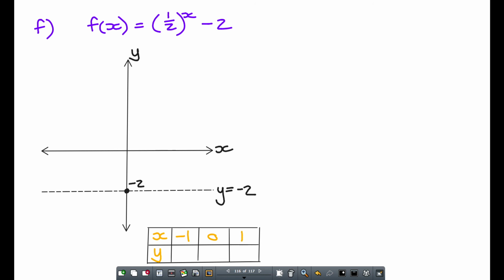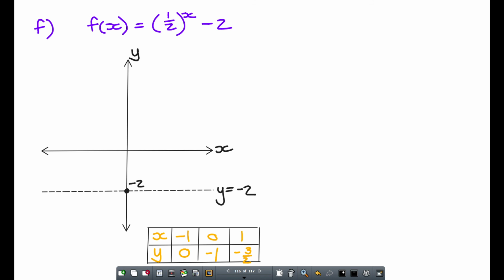Right, if x is minus 1, then I have 1/2 to the power of minus 1, which is going to give me 2, and then I say minus 2, so that gives me 0. If that is to the power 0, remember anything to the power 0 gives me 1, and then minus 2, which means it would be minus 1, and if the x value is 1, it is going to give me minus 3/2.